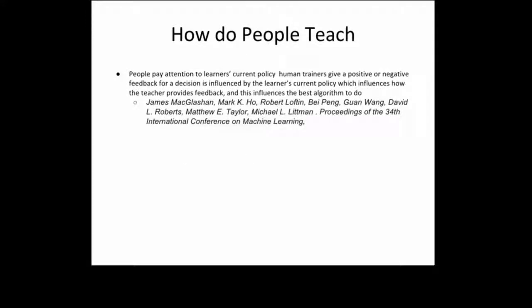In addition, there's recent work from Matt Taylor and Michael Littman and others that suggests that some of the assumptions that we make when we're typically designing learning from demonstration policies are incorrect. Often when people are demonstrating or reacting to the learner, we're keeping in mind the learner's current policy, or our estimate of the learner's current policy, when we interact.